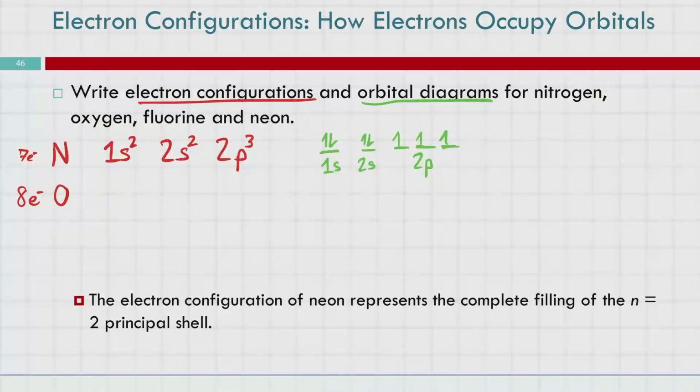And then up next we would have our 2s. We're past our 2s, so that would be full. And then we're in the p block, so it'd be 2p, and we're in the 1, 2, 3, 4th spot, so 2p4. So 1s2, 2s2, 2p4.